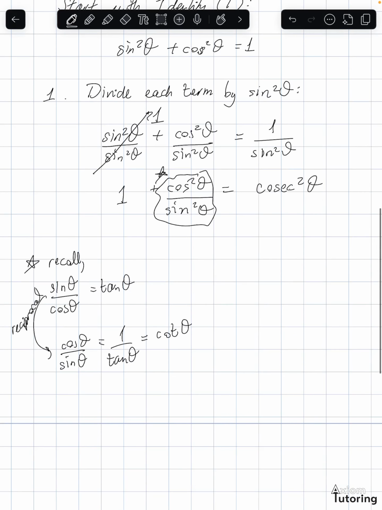So we can just substitute that in to cos squared theta over sine squared theta, because cos theta over sine theta squared is cos squared theta over sine squared theta, so that's equivalent to cot squared theta. So 1 plus cot squared theta equals cosec squared theta. There we've derived our next identity. So we'll label that as identity 5.